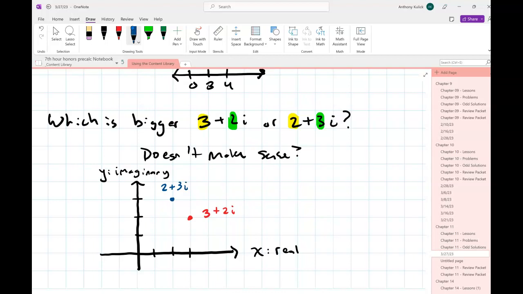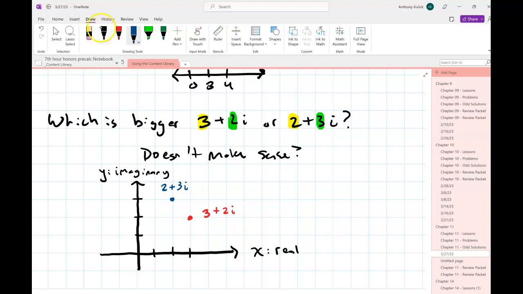Let's think a little bit more broadly. The complex number has 2 components, a real component and an imaginary component. What other mathematical structure has 2 components like that? Vectors, yeah, that have an x component and a y component.